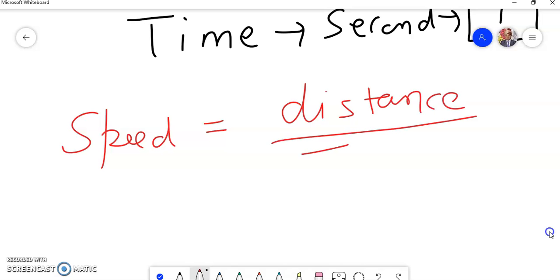Now you know that distance is measured in what? Length, because distance is length.